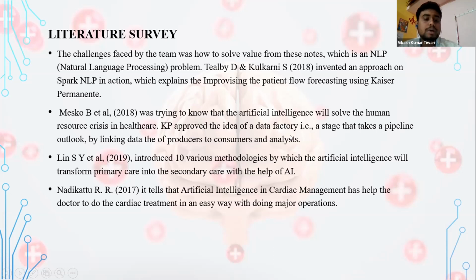These take a pipeline outlook by linking the data procedure, consumers and analysts, between the doctors and their patients. This is also about artificial intelligence, because nowadays if we get an X-ray or something else, we get it properly, and after the increase in artificial intelligence we are getting very accurate results in everything.